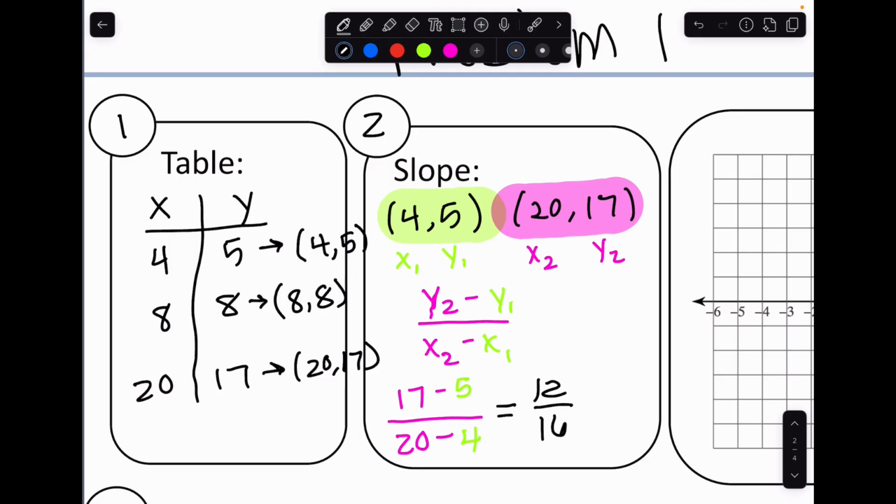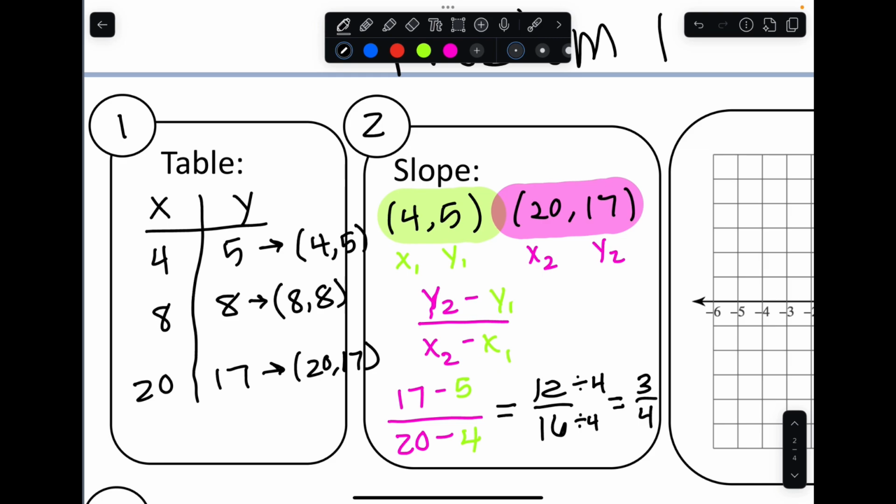Okay, now we need to simplify this fraction. So we have to say, okay, what can we divide both of these by and still get a whole number? I notice that I can divide each of them by 4. When I divide by 4, I get 3 over 4.